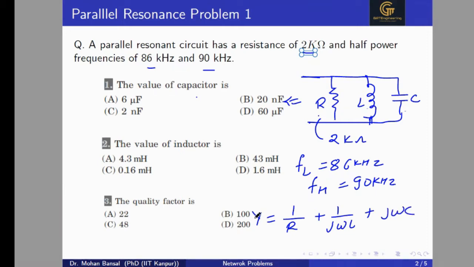This is the admittance, and it can be written as 1 divided by R plus j times (omega C minus 1 divided by omega L).